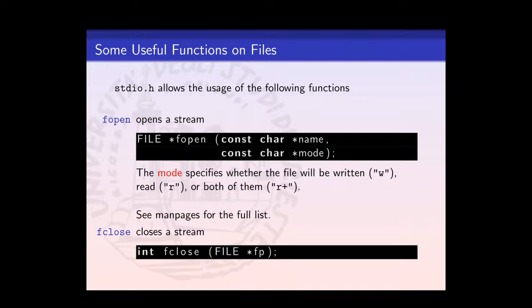If you exclusively want to read the file and you don't want to change its content, you provide the string "r" as second parameter for fopen.